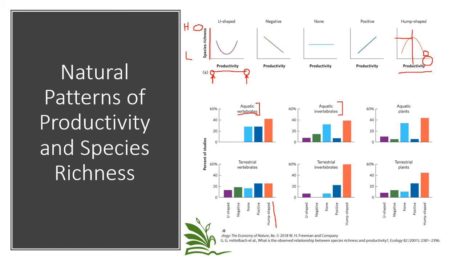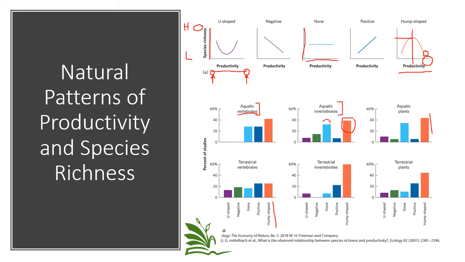diversity, the highest productivity and its relationship to species richness is often described by a hump-shaped pattern in aquatic invertebrates as well. Same with aquatic plants. It's kind of fascinating. There are a non-negligible amount of studies, however, that also show no relationship between productivity and species richness.